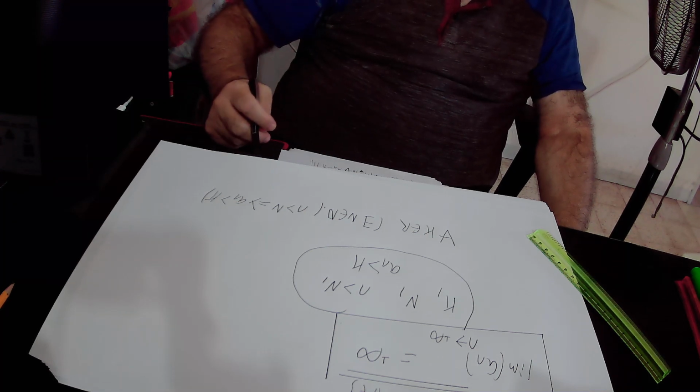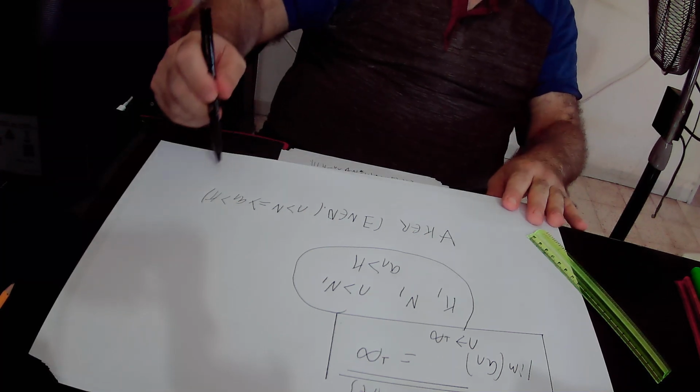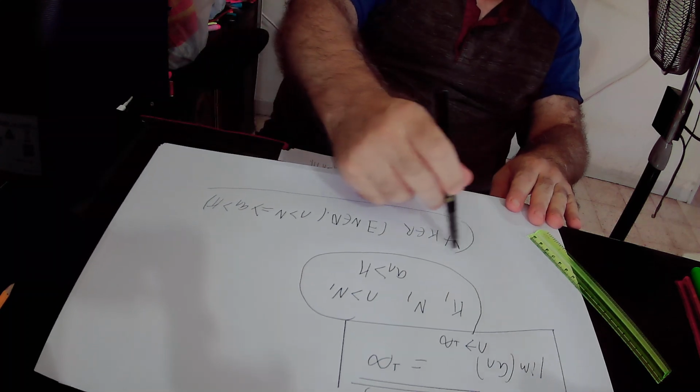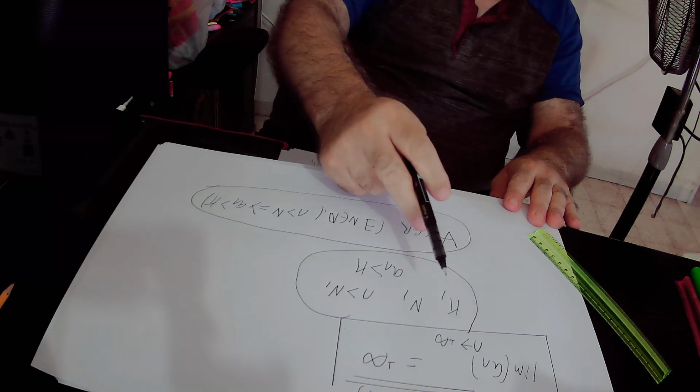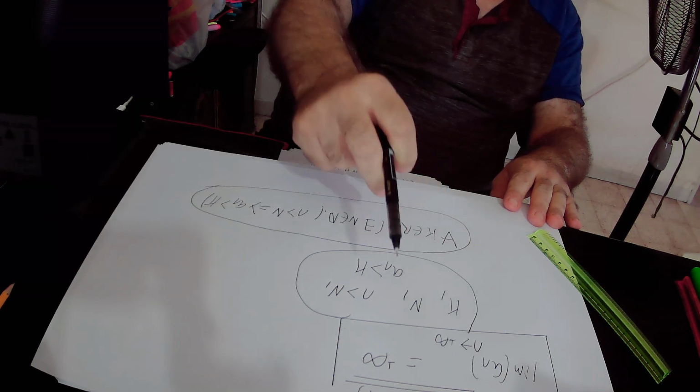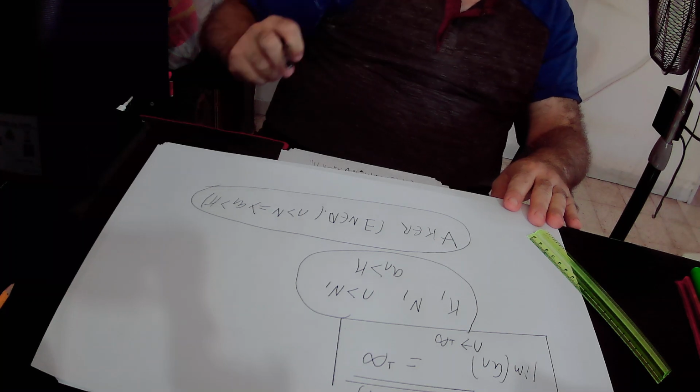Okay? So only if this condition holds, we can say that the limit of sequence an when n tends to infinity is plus infinite.